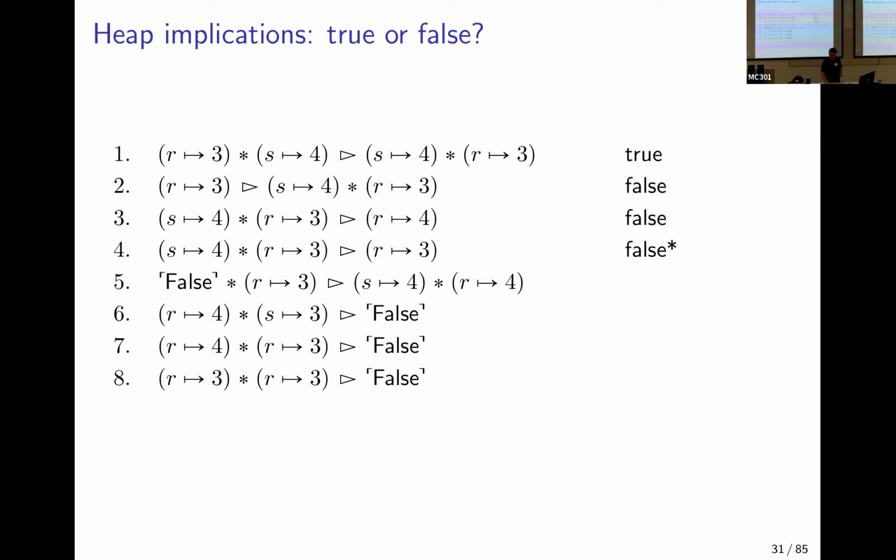Okay. So it's false. It depends. By the definition I gave, it is wrong. You don't have this because when you have a heap that satisfies the left part, it must have exactly the size 2, and the right hand side it must have exactly the size 1.